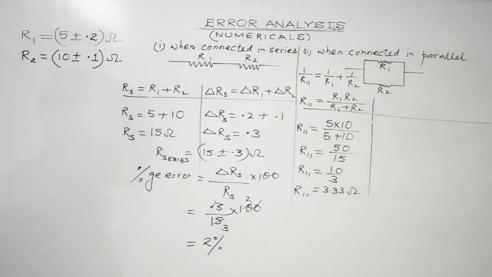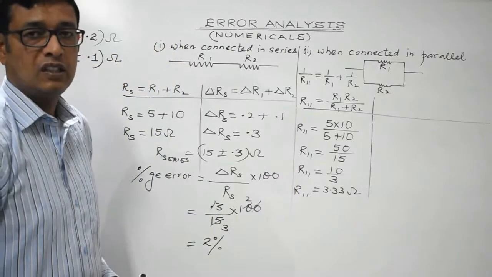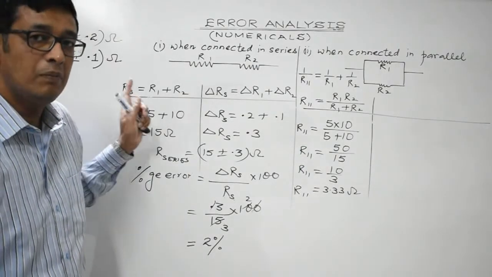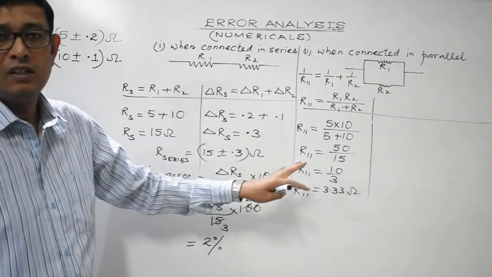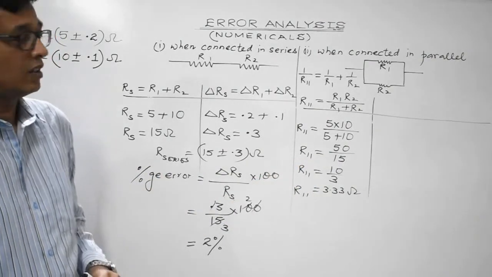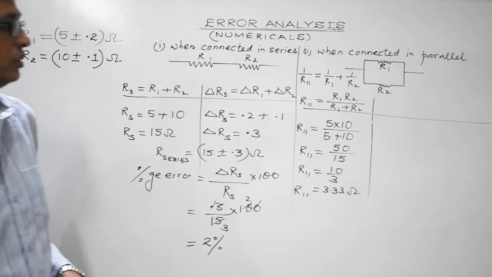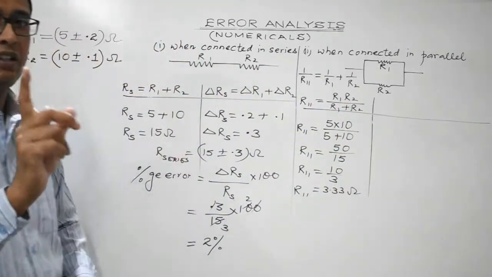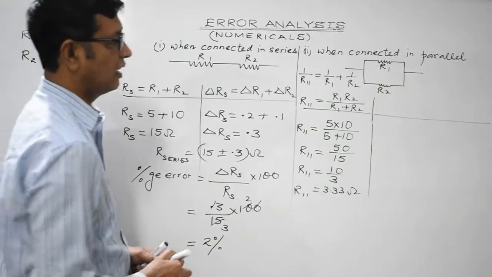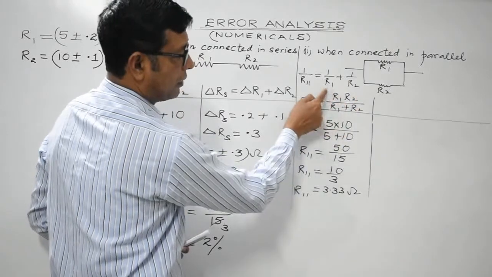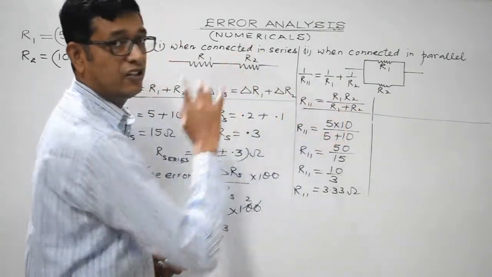So, we have obtained the true value of the equivalent resistance of these two resistors when they are connected in parallel. It is found to be 10 by 3 or 3.33 ohm. Now, we are supposed to find out the percentage error. That's where an important case arises, because this expression comprises product, quotient, and also addition.